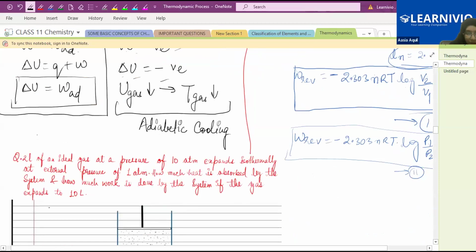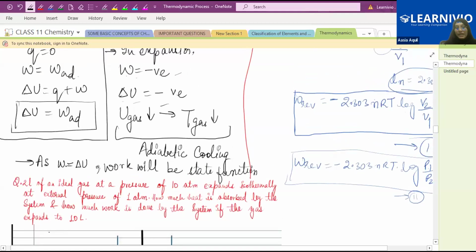One more point you can write: W is equal to delta U. So here work will be a state function. Delta U is equal to W. And what is work? A state function. A state function is a function that depends on the initial and the final state, not on the path.